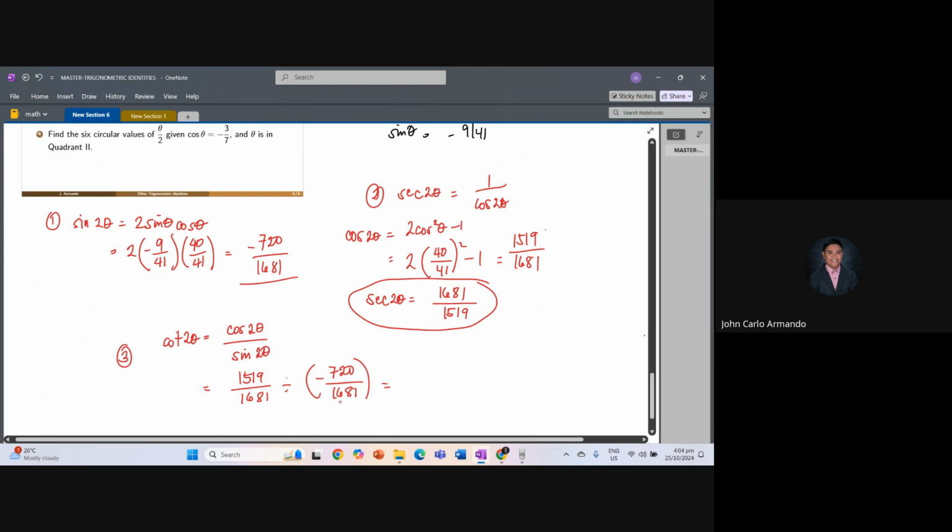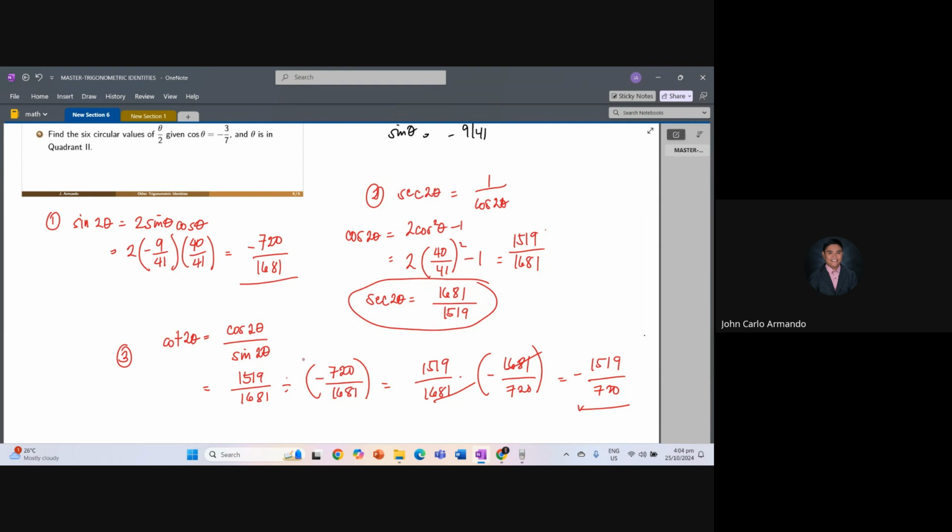So what's the answer? We get the reciprocal of this, so 959 over 1681 times negative 1681 over 720. Cancel, cancel, and the answer is negative 959 over 720. And that is the value of cotangent 2 theta. Okay?